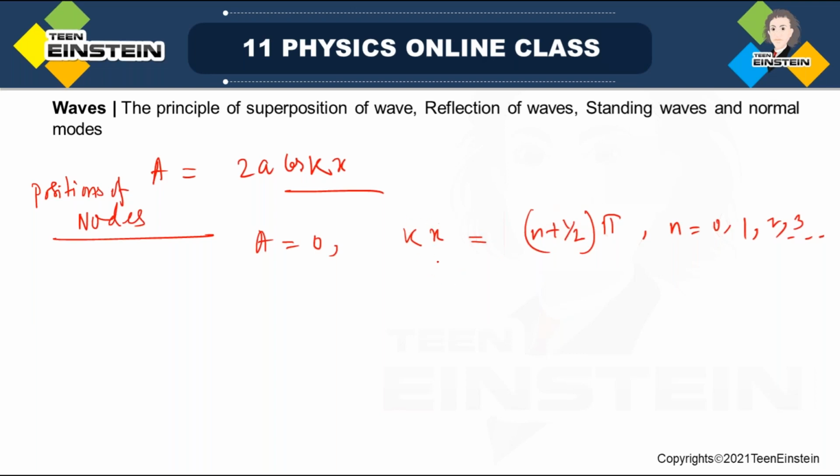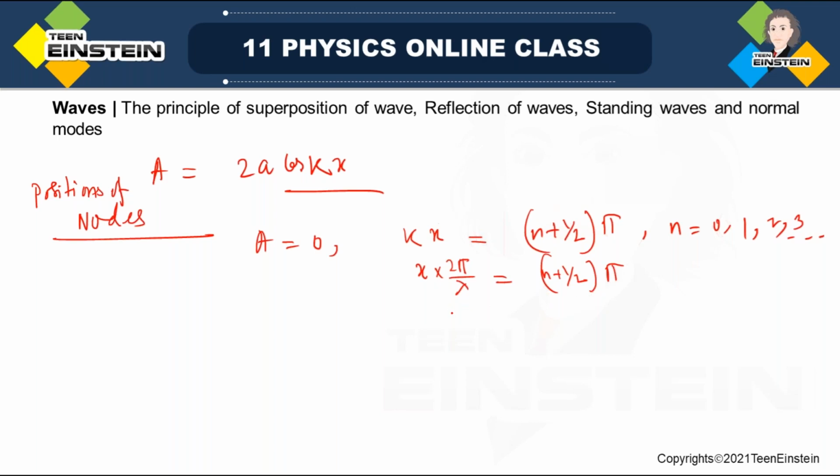From here we can find out the propagation constant k is equal to 2 pi by lambda. So I can find a relationship between the various nodal points in terms of wavelength. Let us write this as x into 2 pi by lambda equals (n plus half) pi.